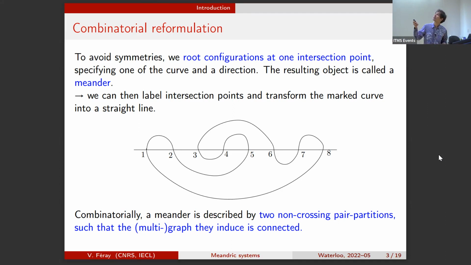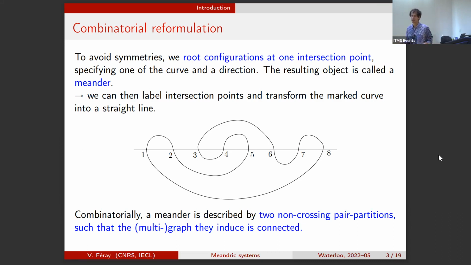The thing which is not the line should form one single closed curve. Said otherwise, I need that when I look at my two non-crossing partitions together, the graph they induce is connected. Okay, and that's what makes, of course, the problem difficult. This is really a condition which intertwines my two non-crossing partitions.